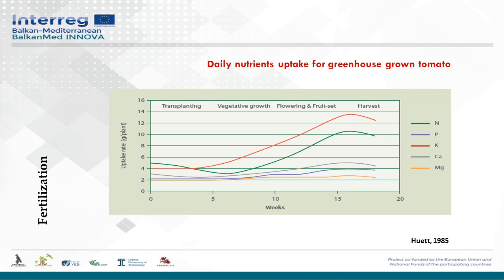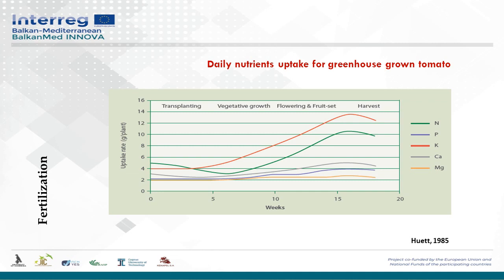Tomato is also a highly nutrient-demanding crop, and also, like for water, the demands are changing according to different stages of tomato development. As you can see from this graph here, at the start, at the transplanting period, there are small requirements, which are expressed here as grams per plant.